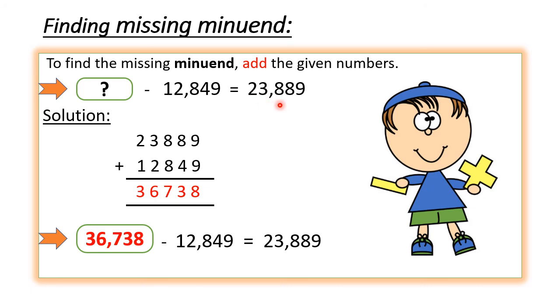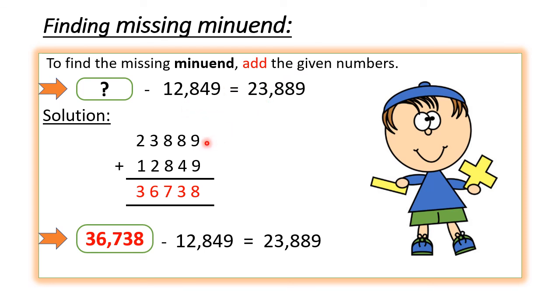This is the answer, and the answer is called the difference. So in this example, the minuend is missing, the subtrahend is given, and the difference is given to us. Now in the solution, what we will do, we will add the given numbers. Given numbers means the subtrahend and the difference.